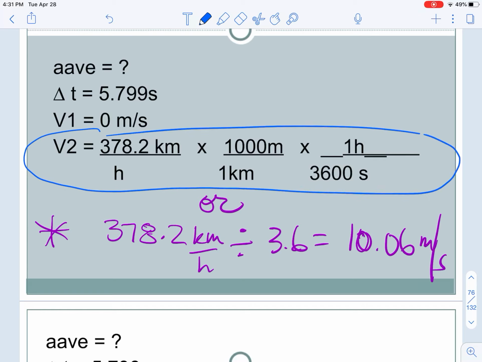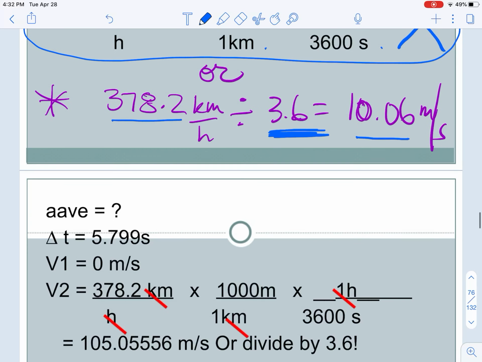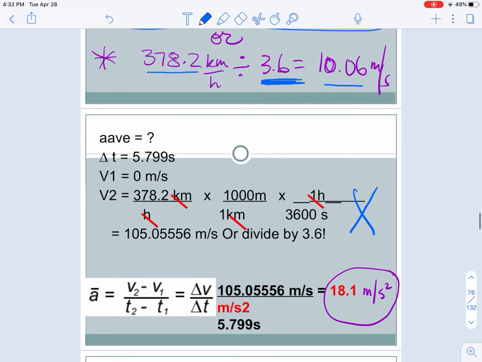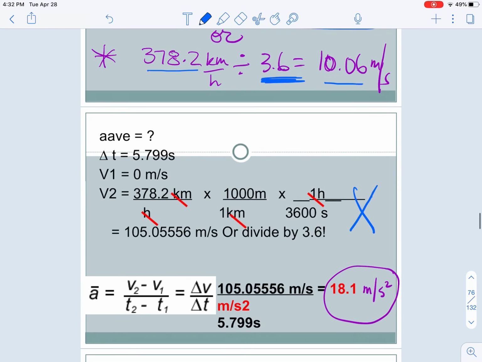This Larry McBride question shows you what you'd have to do if you were going to convert your kilometers per hour, multiplying by 1 kilometer has 1,000 meters, 1 hour has 3,600 seconds, but you don't have to do that if you are just dividing by 3.6. So you take your kilometers per hour, divide by 3.6, and you're going to get your meters per second to use in your question. So we don't have to do all that.